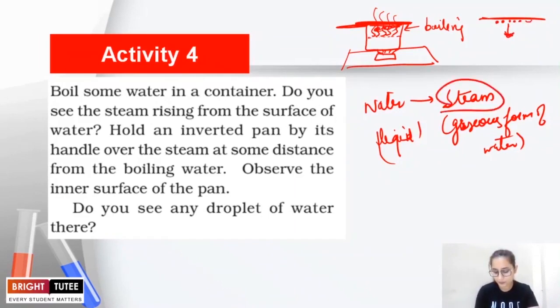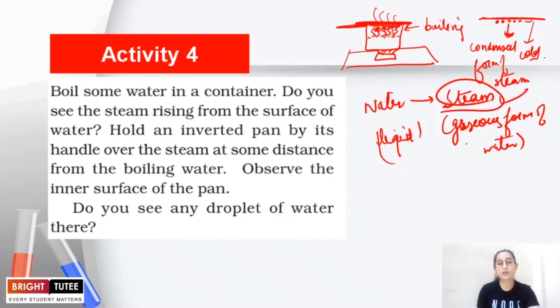The steam that was being formed and touching the plate, the plate was initially cold, right? So what happened exactly? The steam rose above and got condensed on touching the plate because the plate was cold. So this water is the condensed form of steam.